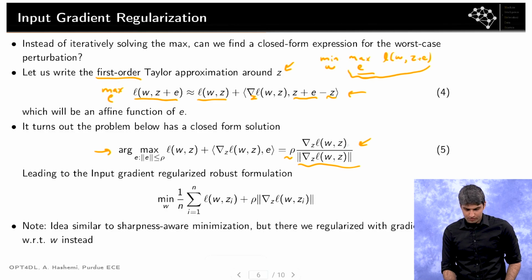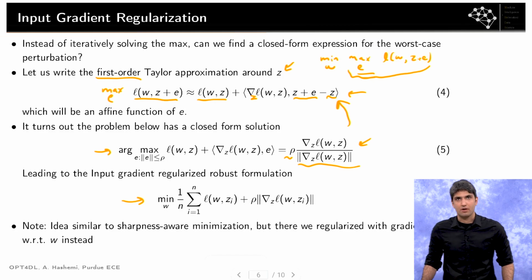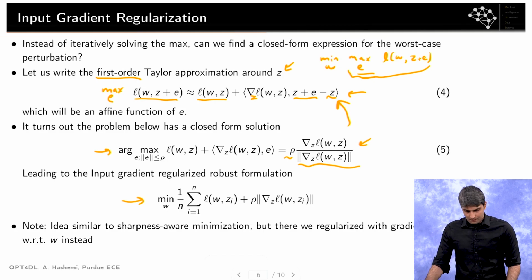Okay, how can we proceed from this? After finding this solution, we can plug it back into this objective, and after some very basic simplification, we arrive at this training problem, where we have a regularized empirical risk minimization.